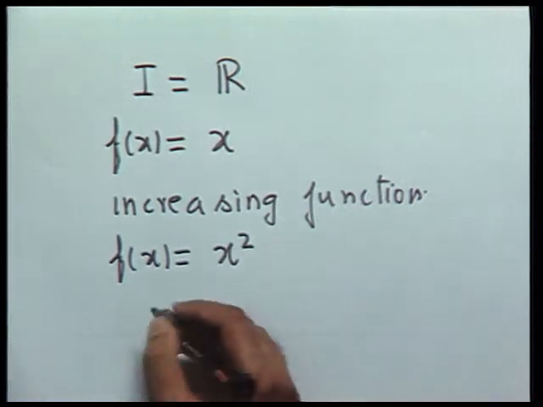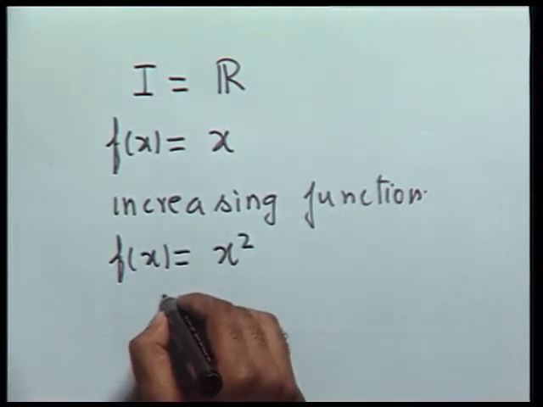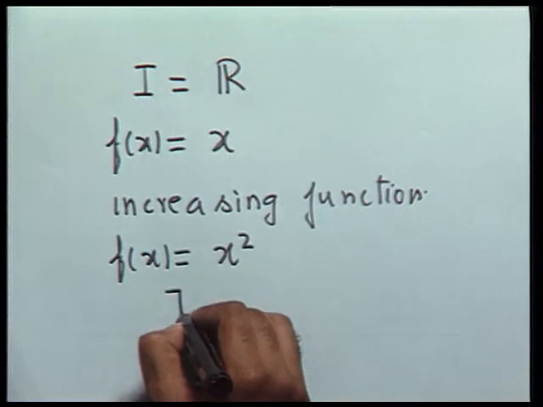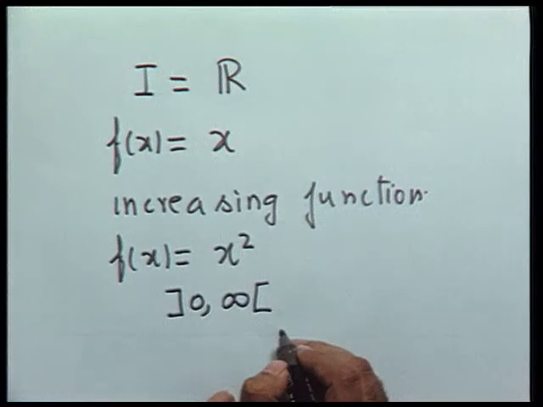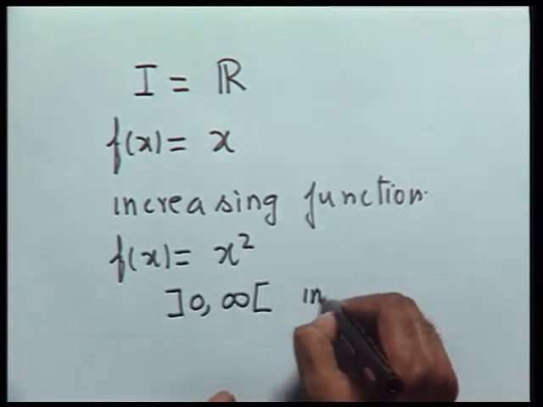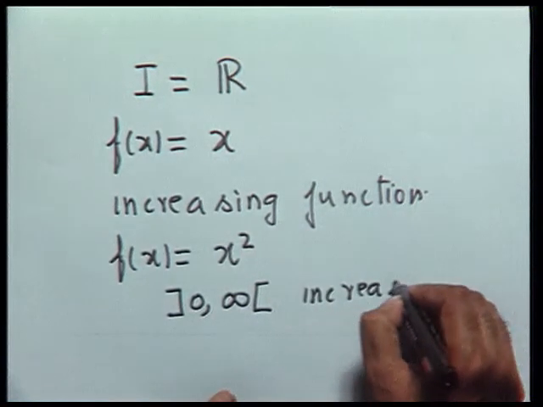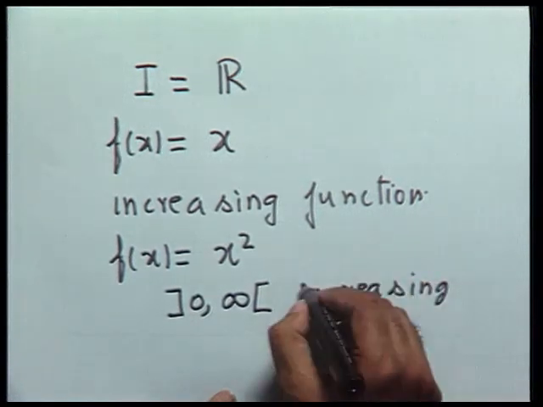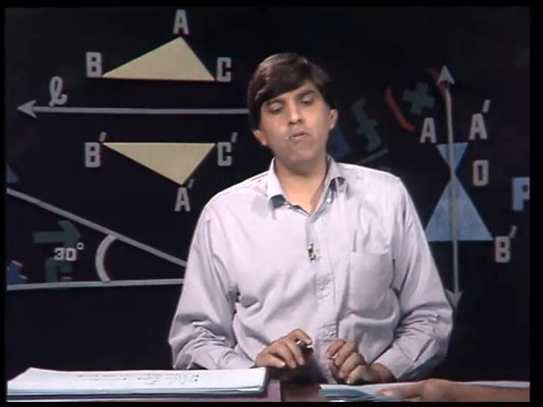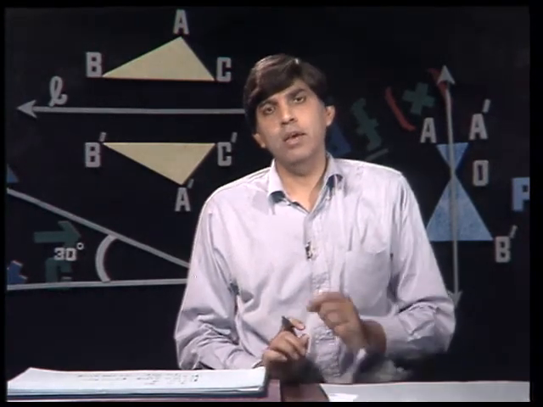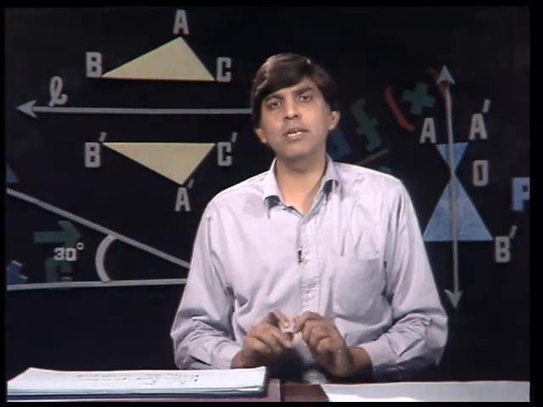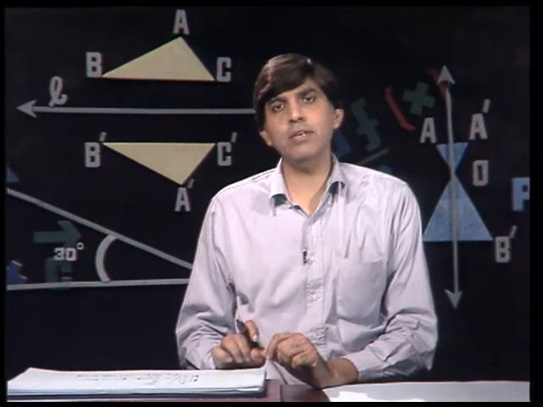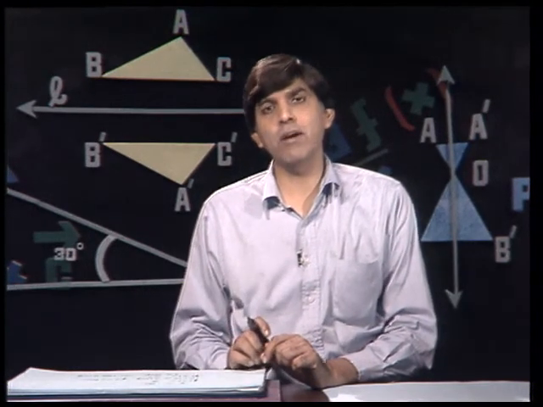Well, you can check for yourself that if I take the domain to be the open interval 0 to infinity, then this is going to be an increasing function. This is simple algebraic manipulation. I also want you to try this as homework, that when I look at the domain, the open interval minus infinity to 0, in that case this is going to be a decreasing function.